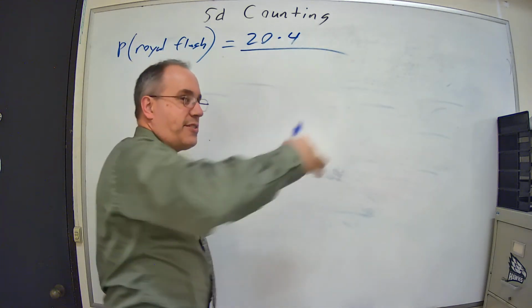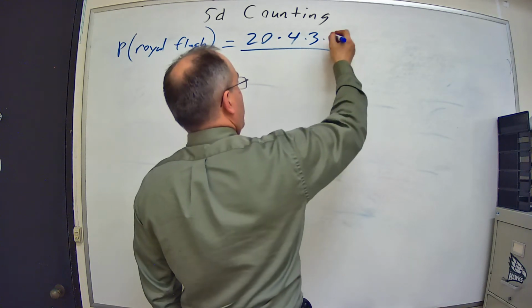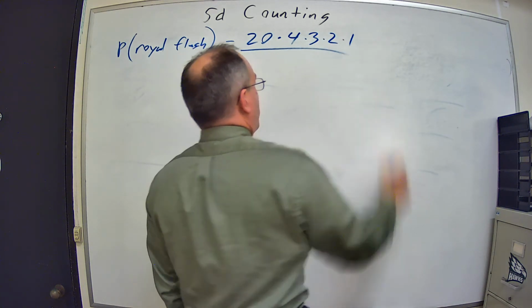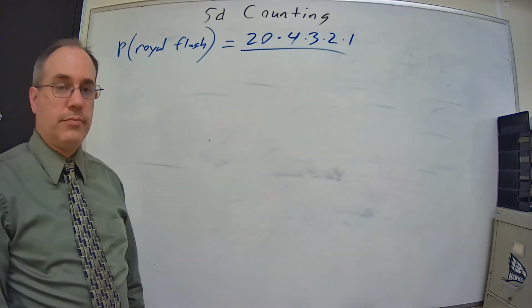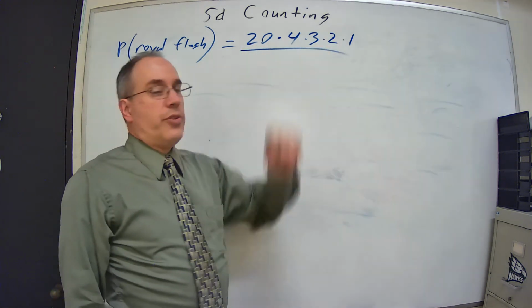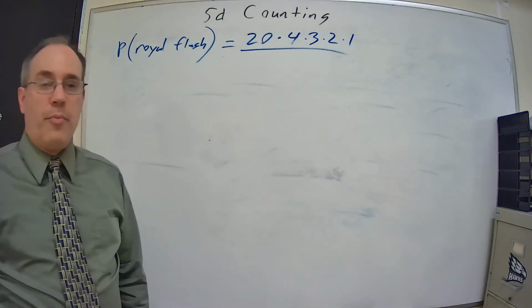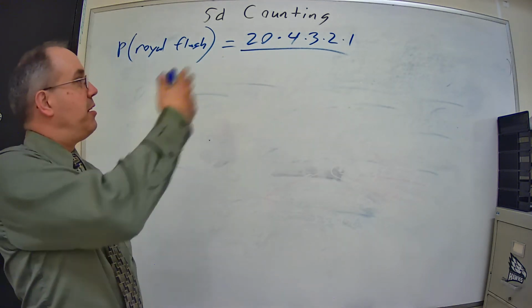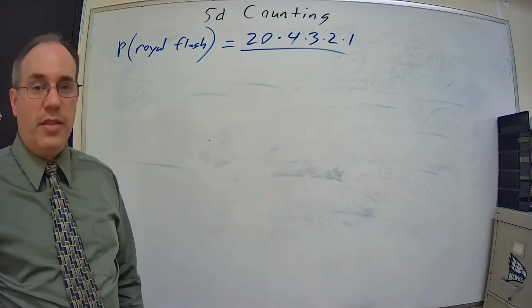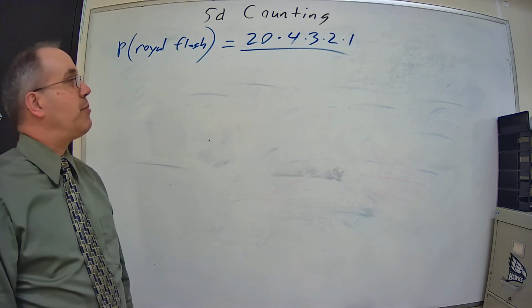For the next card, there are 3 possible cards left, then 2, and then 1. That gives me the number of arrangements of cards, my choices: 20 times 4 times 3 times 2 times 1.